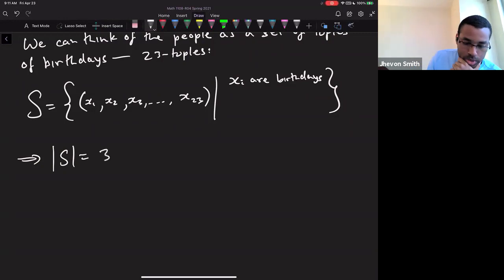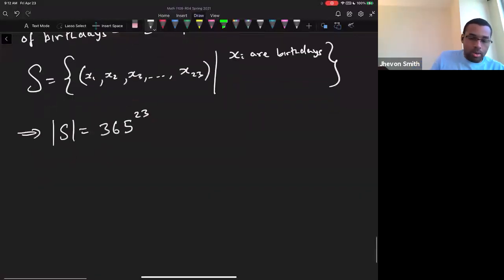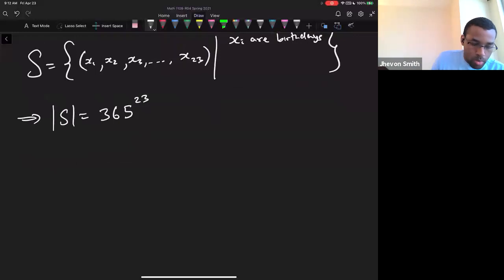So by the multiplication rule, this is 365 to the 23 possibilities, which is a huge number, right? You wouldn't want to list that out, right? So we have that. Now, we want the probability that at least 2 have the same birthday.